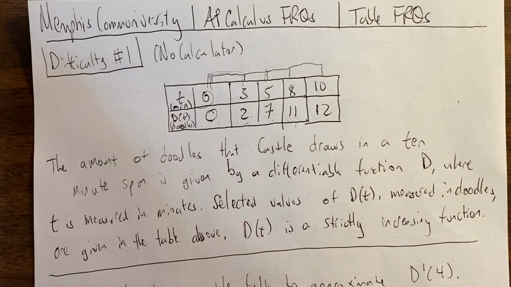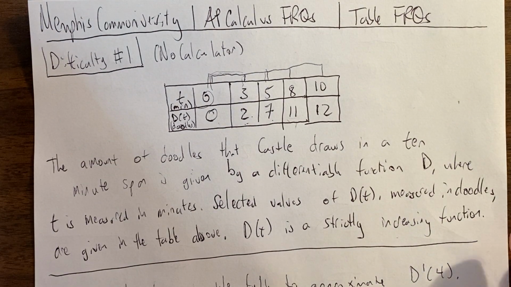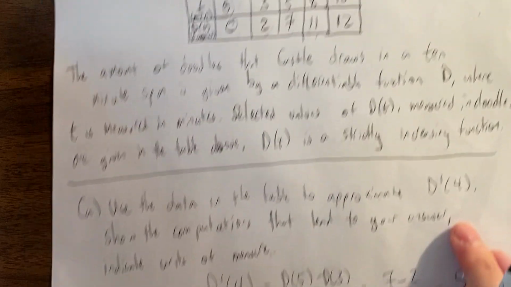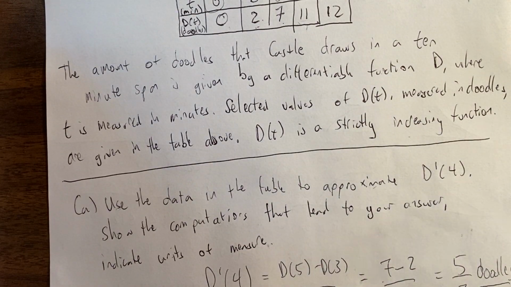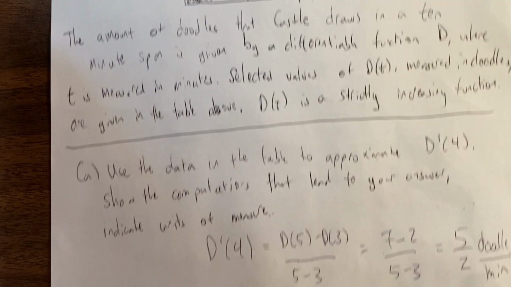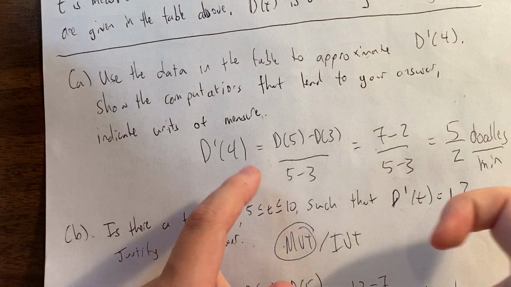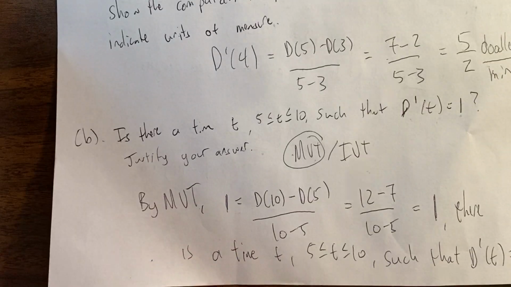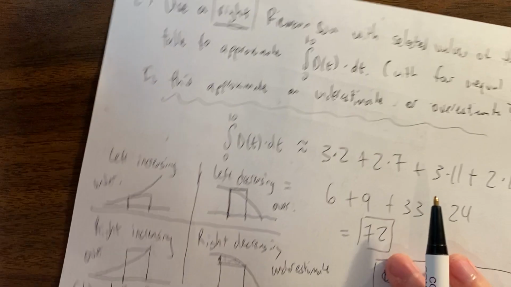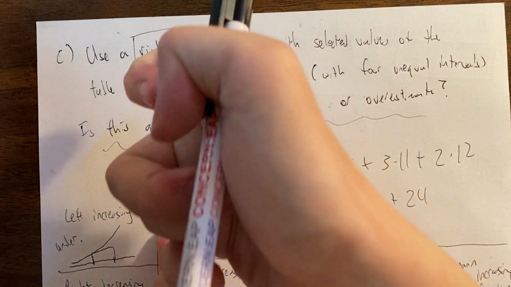Again, one of the easier free response questions, especially at this level. We are starting sort of at the basic level, but what I wanted you to see is examples of the big main questions that are asked in these free response questions. Those being here, approximating a derivative, doing MVT or IVT, and then finding a Riemann sum. In this case, it was one of the easier Riemann sums.